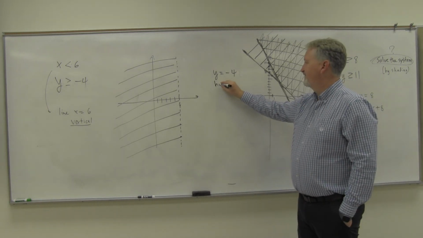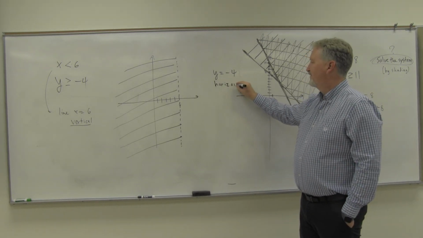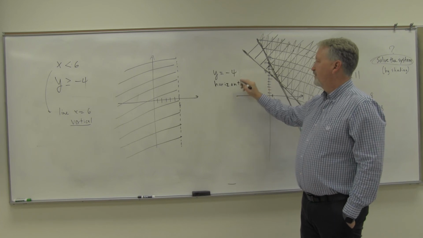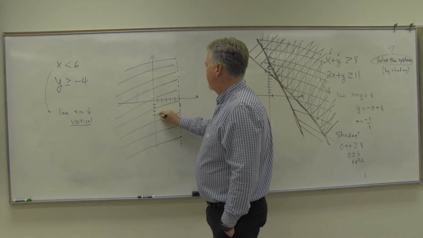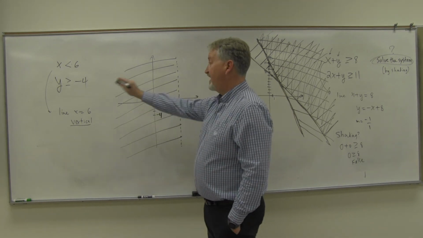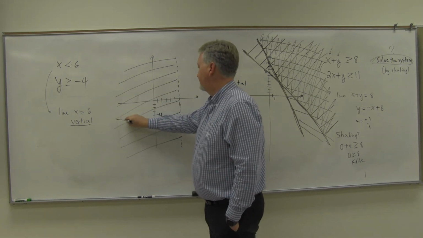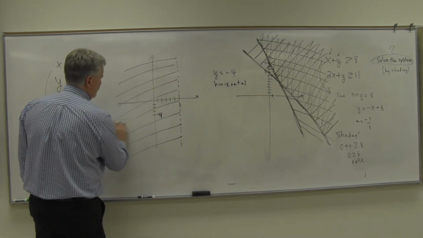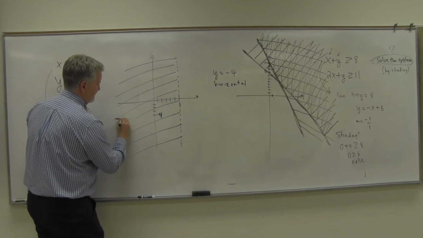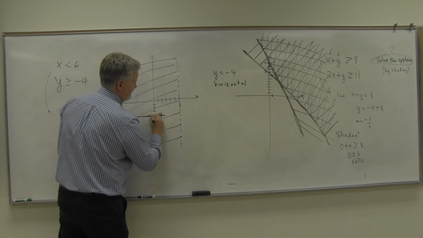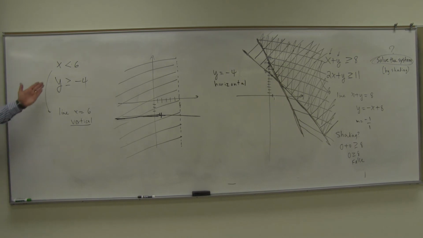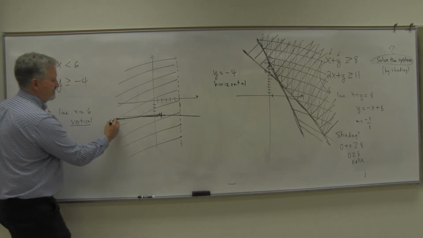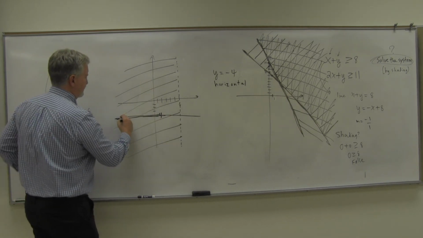That's a horizontal line through y is -4. So we got a horizontal line, and it has the equal to part, so that's a solid line. Come over here so I can draw a straighter line. Right through -4 there. 0, 0, 0 greater than -4, that's true. So we would shade the side with 0, 0 of that horizontal line, which is above, so we're going above on that one.